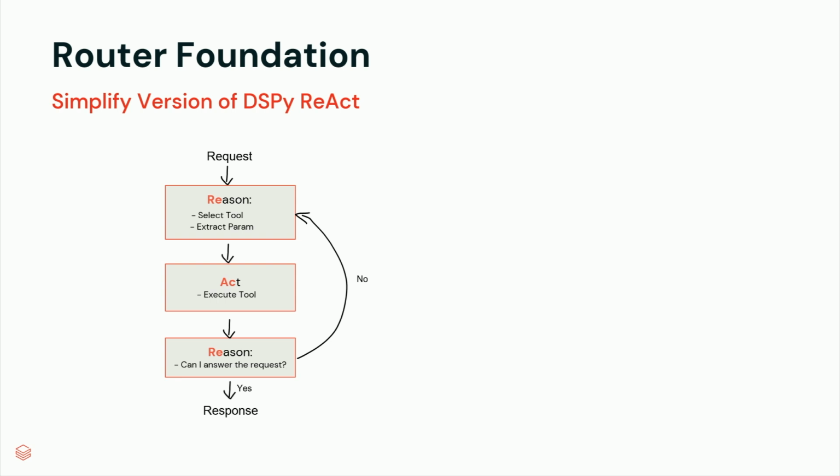We have just one step. We need to select which of the available tools is the one that we want. So I've taken the module that comes in DSPy. It's open source. You can see it. You can modify it.